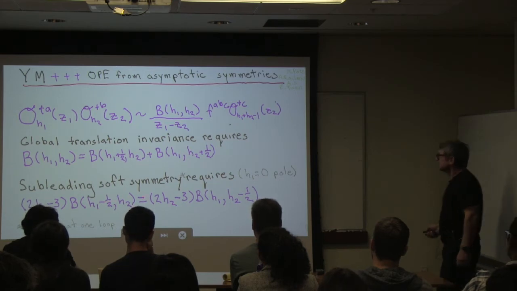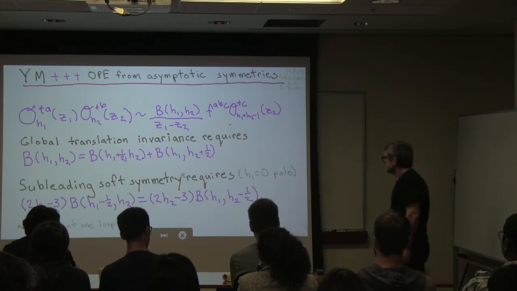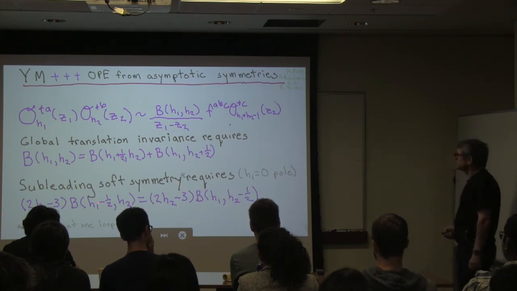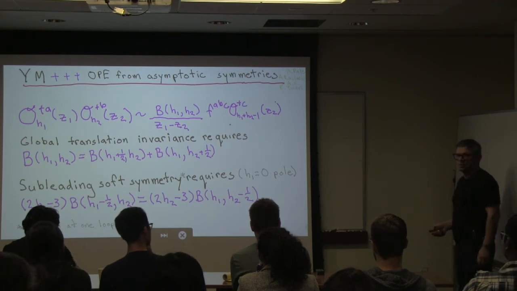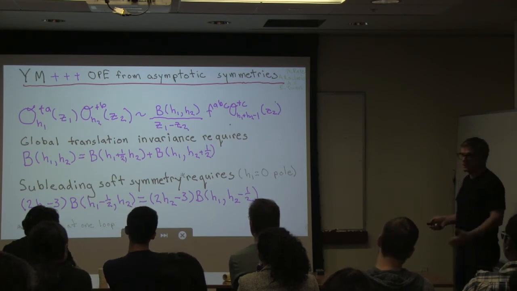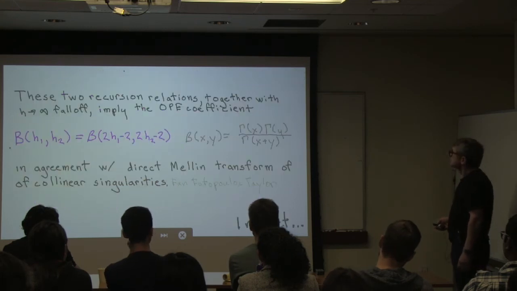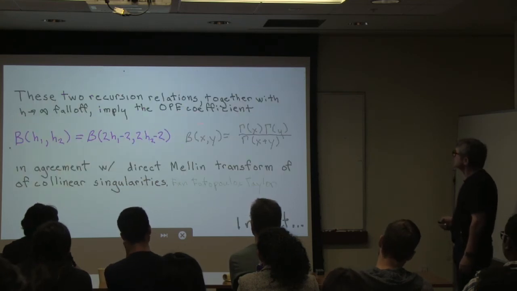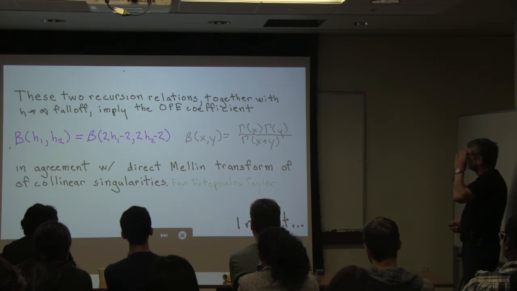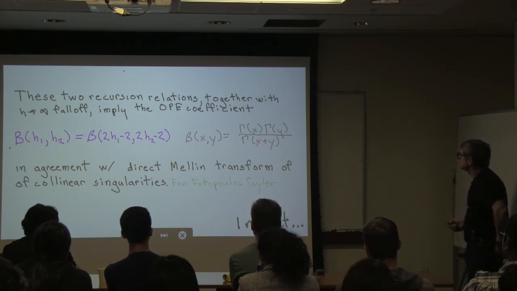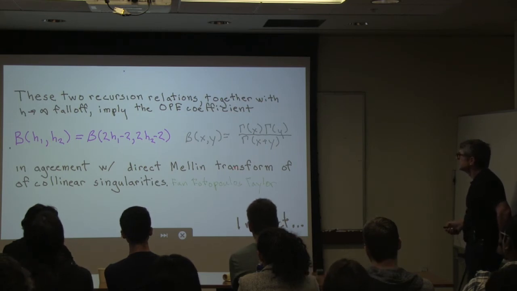So now if you look up on Mathematica or Gradshteyn and Ryzhik or whatever, these are precisely the 2 recursion relations which have a unique solution, assuming some behavior at large h, some fall off at large h, whose unique solution is the beta function, which is this ratio of products of gamma functions.